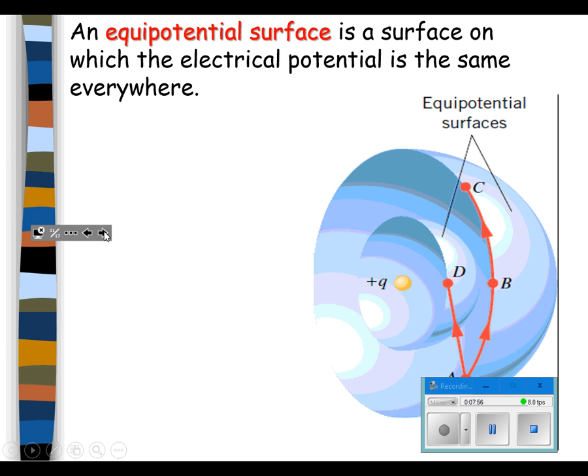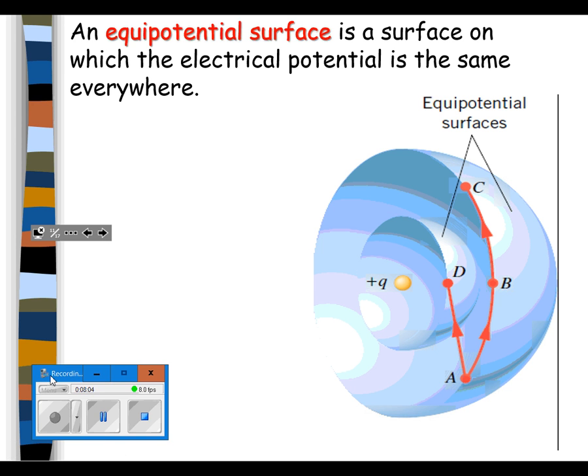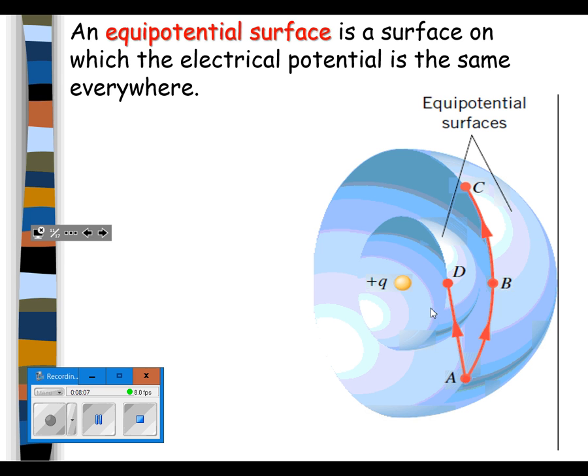An equipotential surface is a surface on which the electric potential is the same everywhere. This is a really important concept to understand. If we have our charge Q here, then D is a certain distance from it, on a circular path around that.